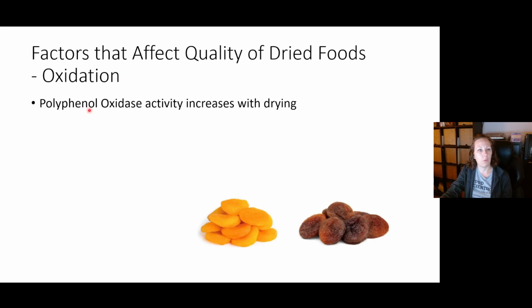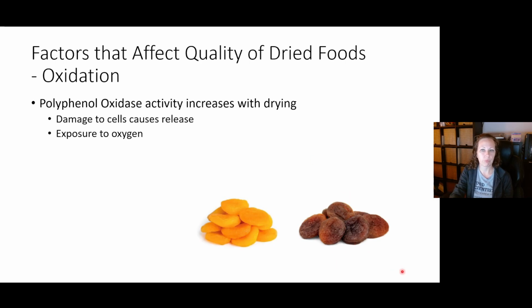So what happens when you are drying fruits or vegetables is that polyphenol oxidase activity will increase with drying because you are damaging those cells, and it's going to release that polyphenol oxidase that is stored in them, and they're going to be exposed to oxygen, and you get lovely browning like this picture on the right.